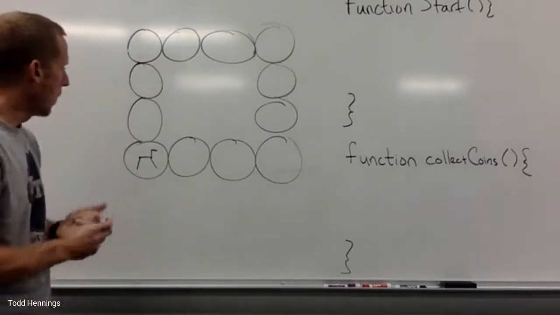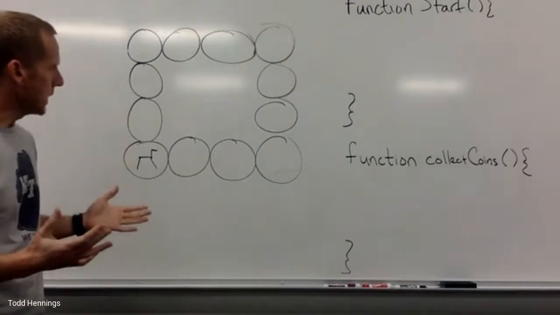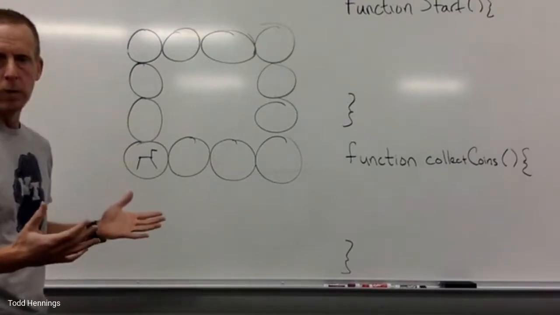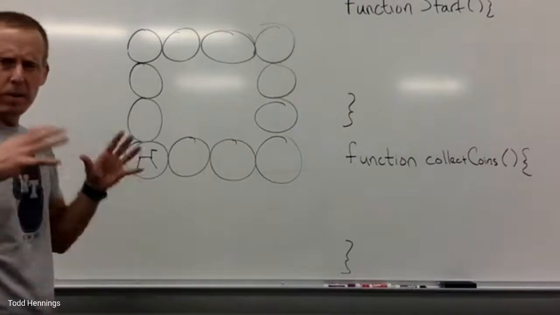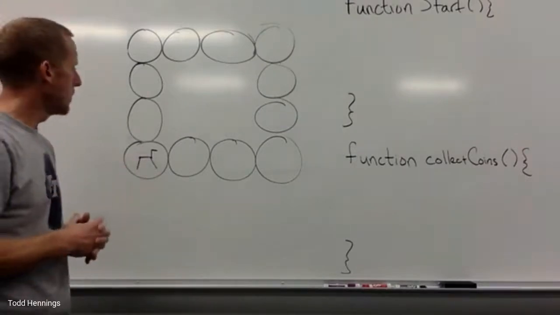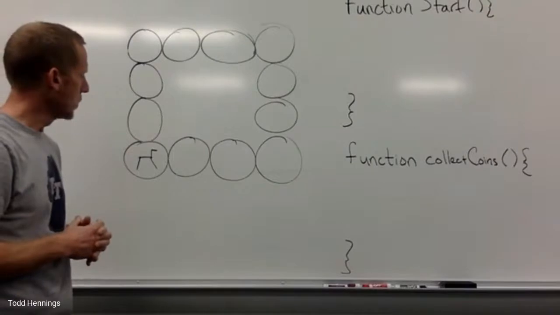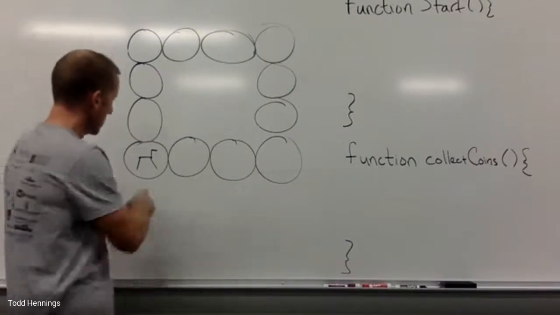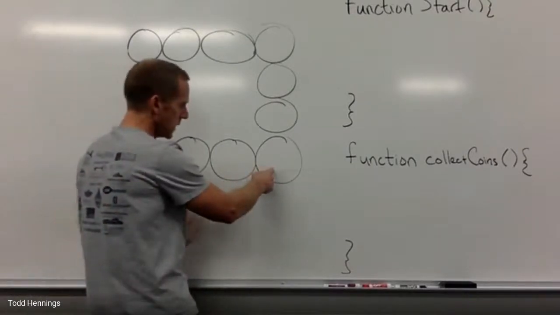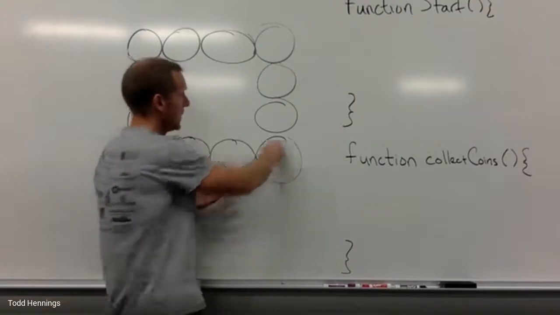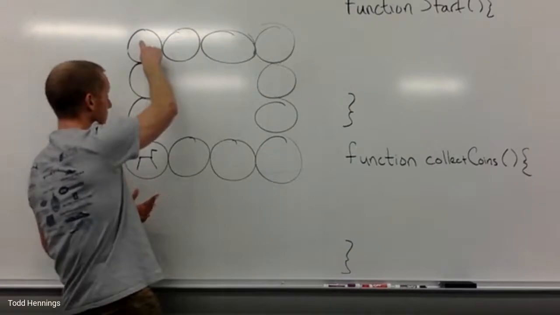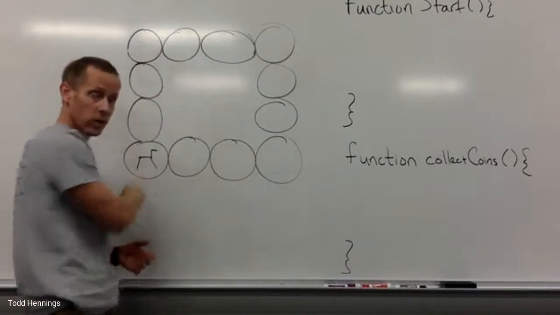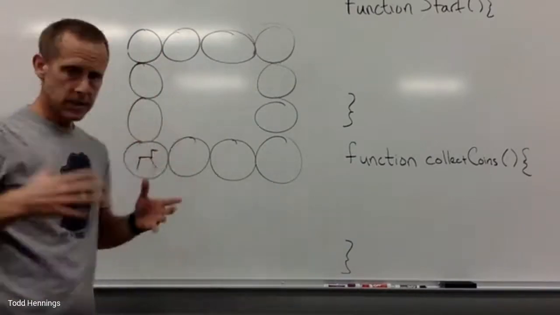What I want to do is repeat the same thing over and over. And the top-down question is, how am I going to solve this? What are the big picture problems? Basically, if I could create a program that's going to pick up these coins, turn left, pick up those coins, turn left, pick up those coins, turn left and pick up those coins and come back, that's the problem.